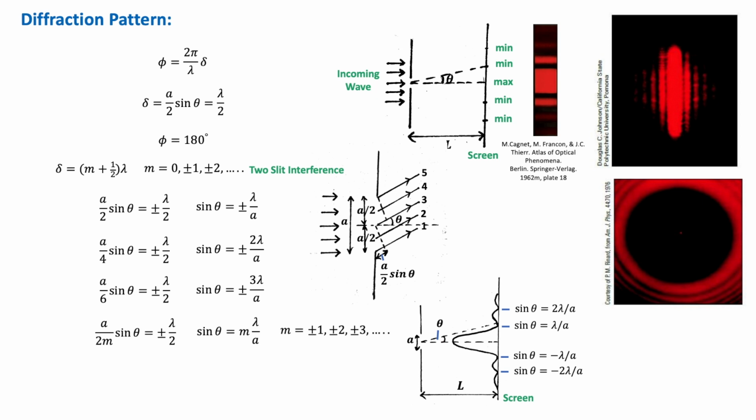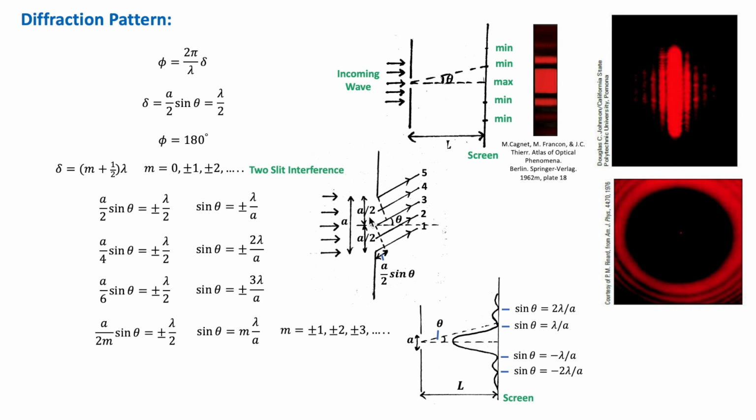Note that this holds true for any two waves that originate at points separated by half the slit width, a over 2, because the phase difference between these two points is 180 degrees.